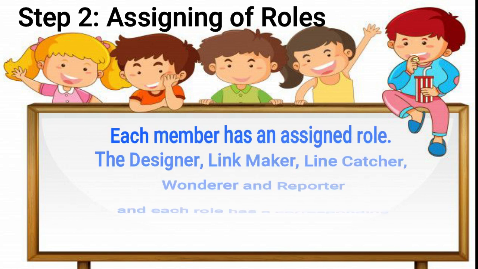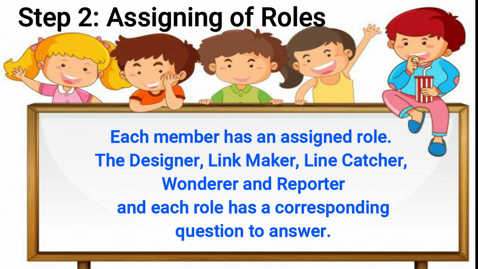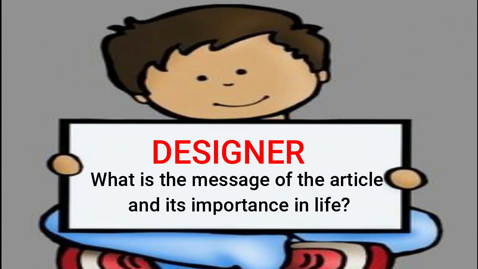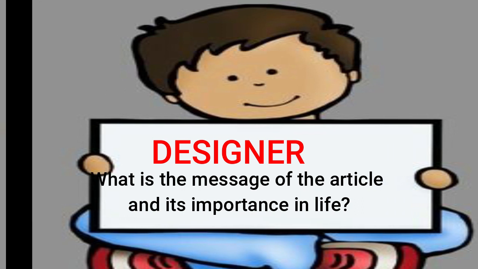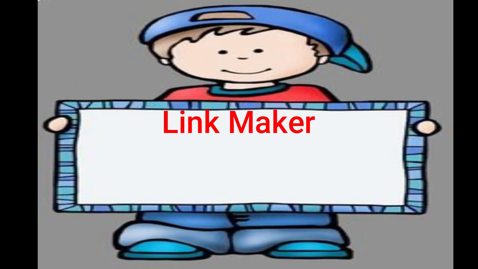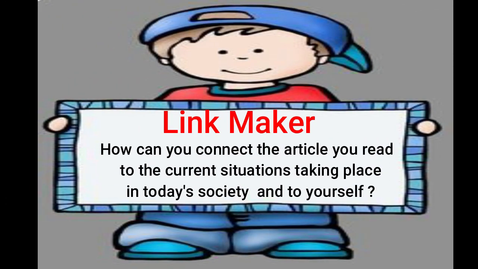The leader of the group will assign to each member their roles in the circle: the designer, link maker, line catcher, wanderer, and the reporter, and each role has a corresponding question on the tasks. For the designer, what is the message of the article and its importance in life? For the link maker, how can you connect the article you read to the situations taking place in today's society and to yourself?